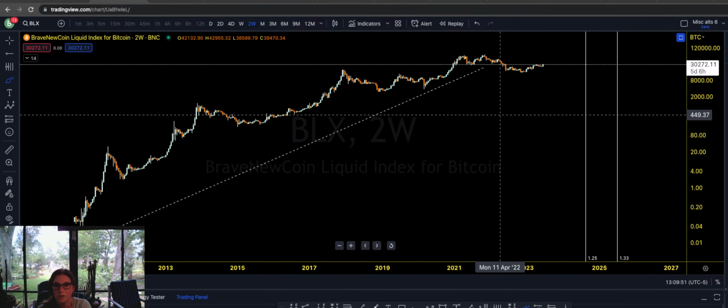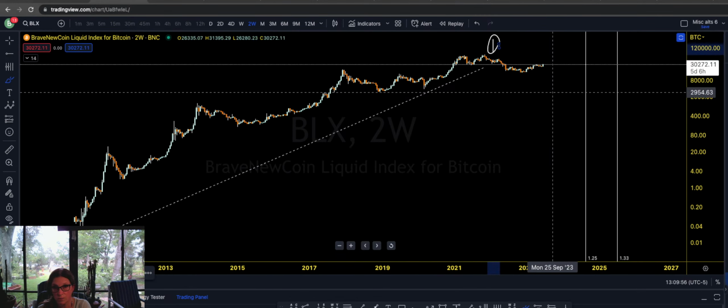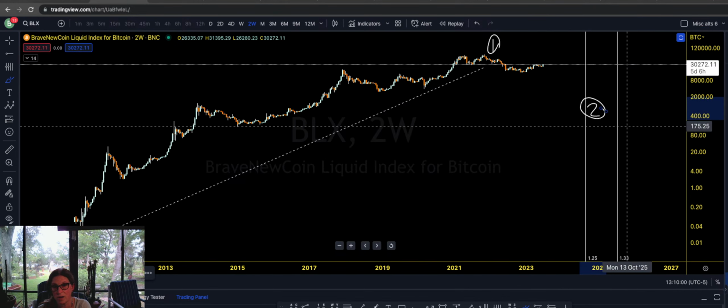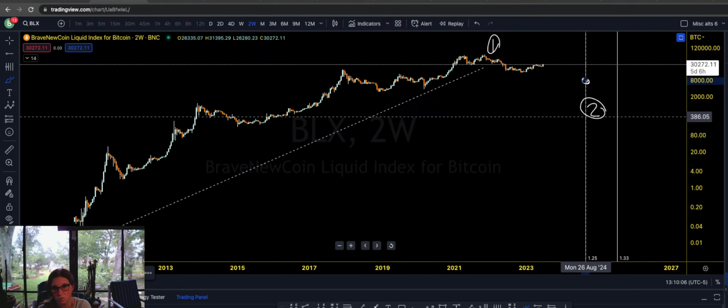Now, if this is actually a 1 and we're coming down for a 2, I would expect it to take this amount of time, or at least hit this bar, which is August of 24.